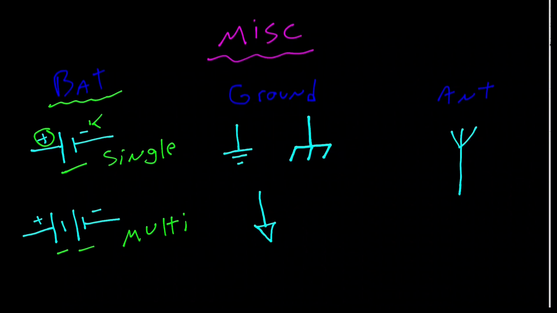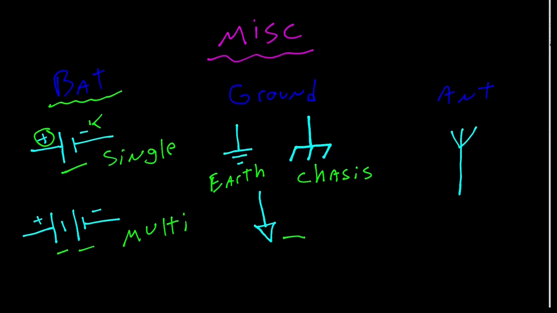In the center, we have various types of ground. The one to the far left is an earth ground, meaning this is hooked up to earth. The next type of ground is the chassis ground, and this is hooked up to your chassis on your device, your metal chassis.